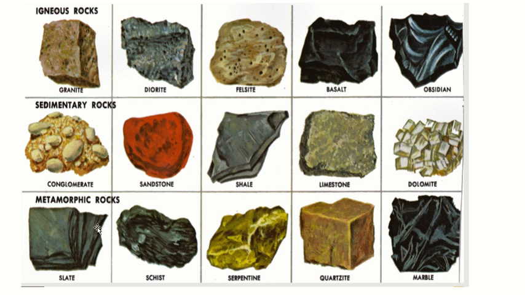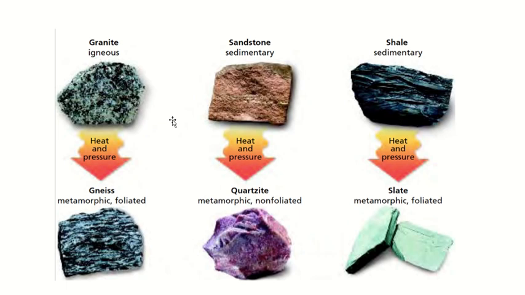Metamorphic rock is the change of igneous and sedimentary rock. Because of heat and pressure, igneous rock changes to gneiss, and sandstone changes to quartzite. Shale, a sedimentary rock, changes into slate.